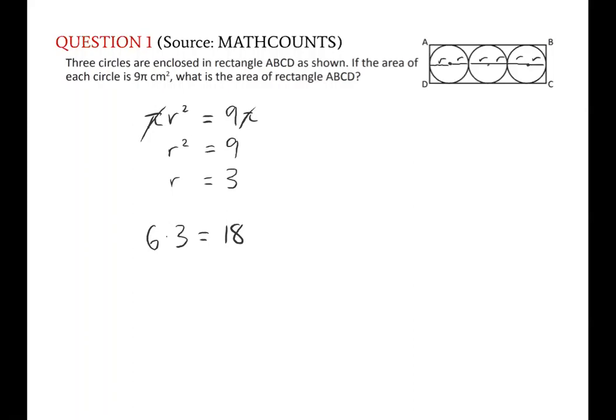And we also know that the width of the rectangle is equivalent to 2 r's, so 2 times 3 gives us our width of 6. Now that we know the dimensions of the rectangle, we can just multiply 18 by 6 and we'll get 108 as our answer.